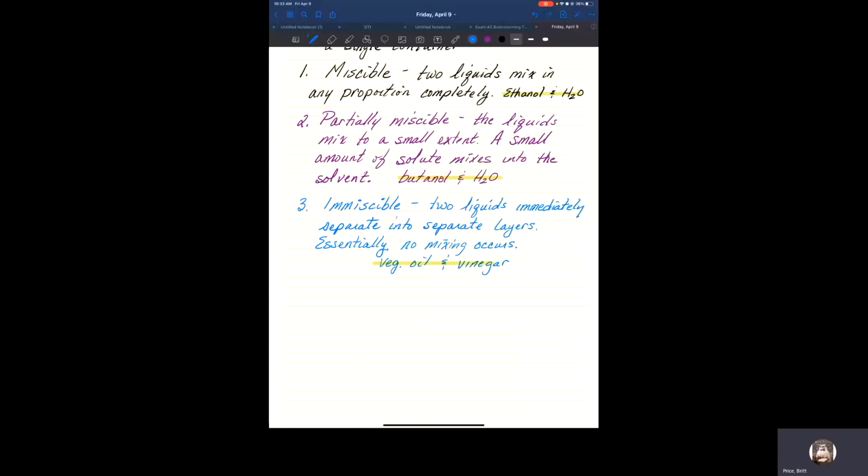I take that back. I do not want to talk about the colloidal dispersions. I do want to talk a little bit about this notion of what's called colligative properties.